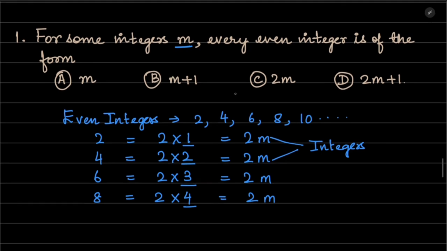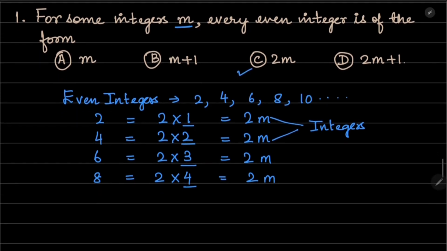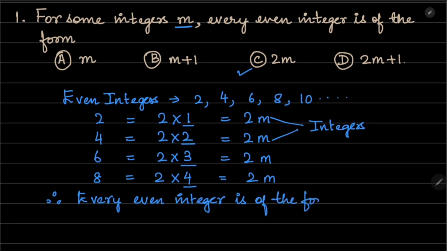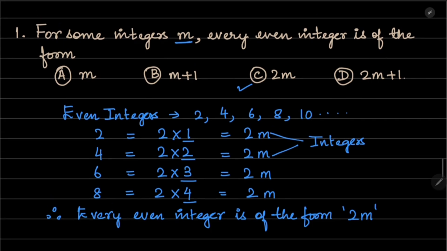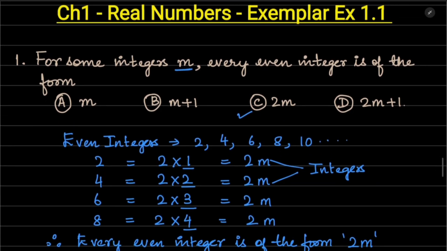The correct answer is C. Therefore, every even integer is of the form 2m where m is an integer. So this is your first question of exercise 1.1. Hope you understood. Let's move on to the second question.